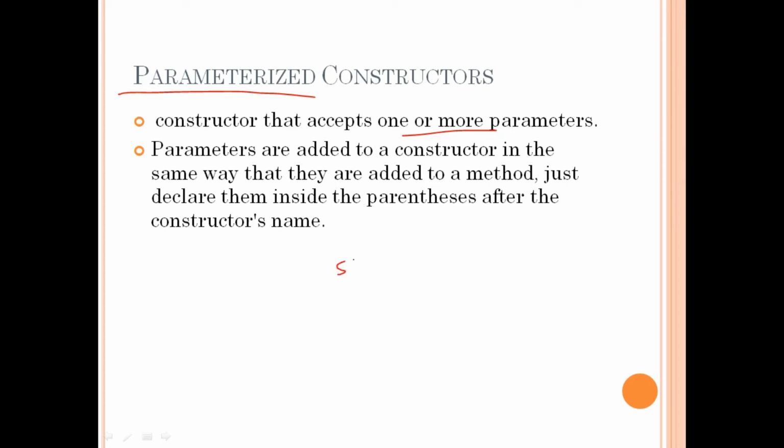Say for example, I am creating Student. Within the parenthesis, I have to give my arguments, that is int x, int y. This is called our parameterized constructor. This is the syntax of parameterized constructor.